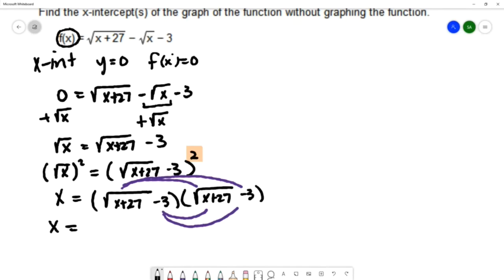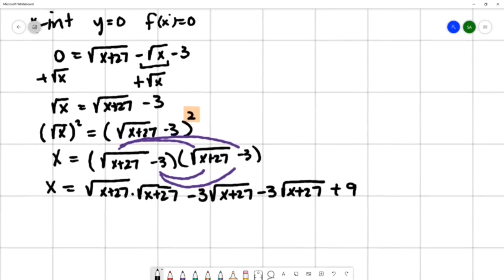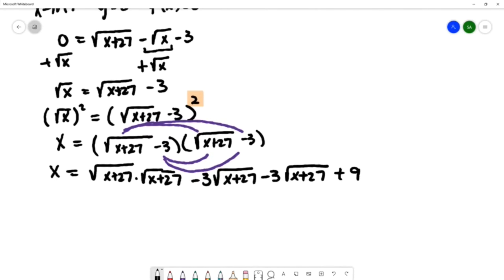So we multiply square root of x plus 27 times square root of x plus 27, minus 3 square root of x plus 27, minus 3 square root of x plus 27, and plus 9. Now let's simplify.